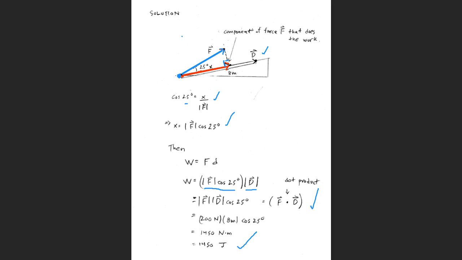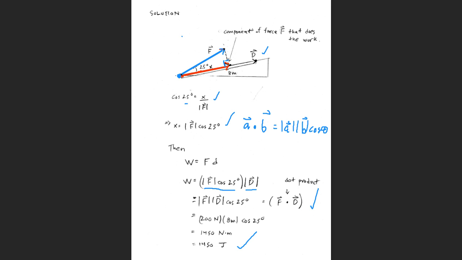Now the way we have the dot product defined so far is that the dot product of two vectors is equal to the product of the lengths of those vectors times the cosine of the angle between them.